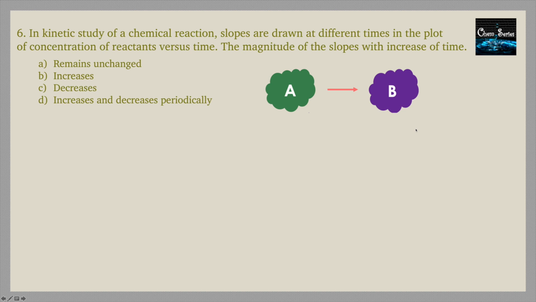You see, this is a reactant A that converts to product B. So A will be your reactant concentration and B will be your product concentration. We are drawing a graph with respect to time.